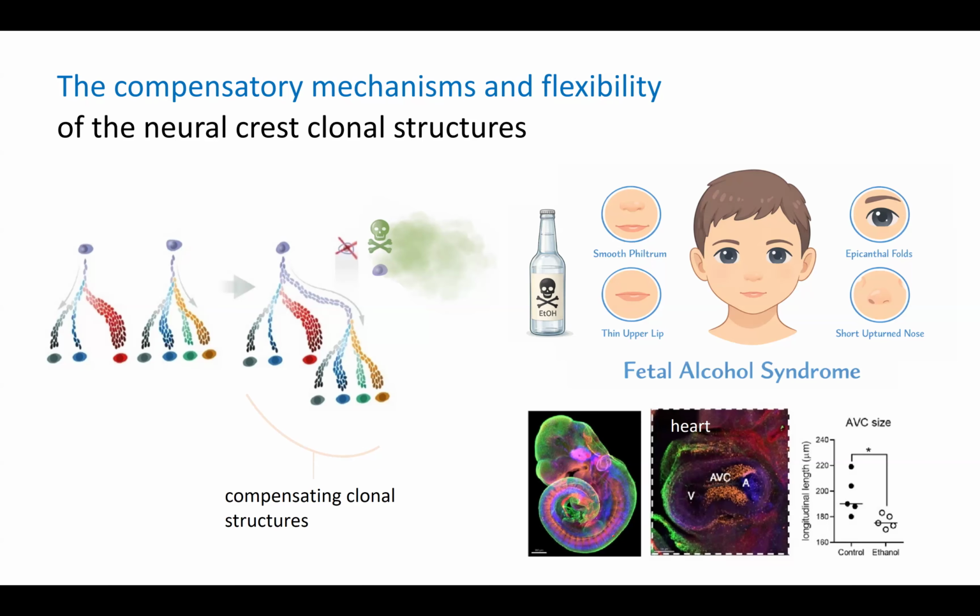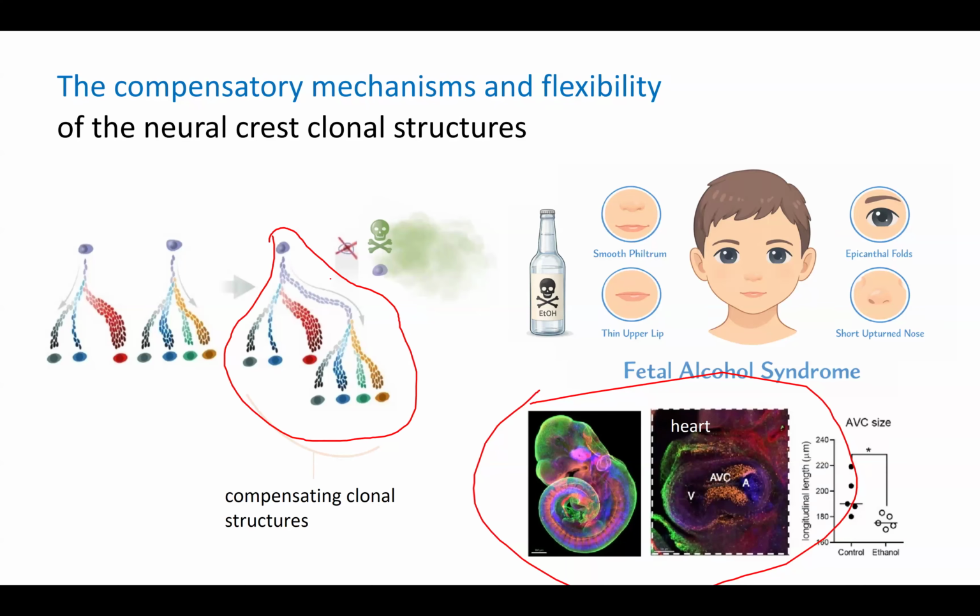And in the lab, we have this fetal alcohol syndrome mouse model, which we can reproduce, and we can add alcohol into these embryos. We can kill a portion of the neural crest cells, and we can see if the remaining cells become more multipotent in how they execute their potency, right?